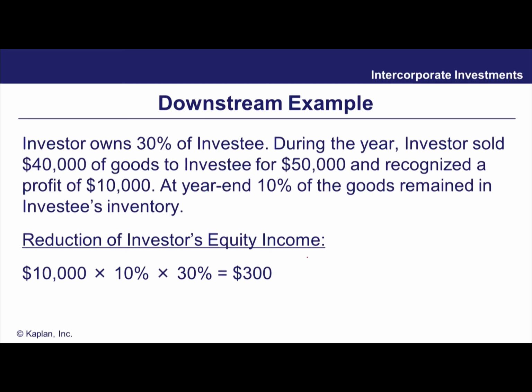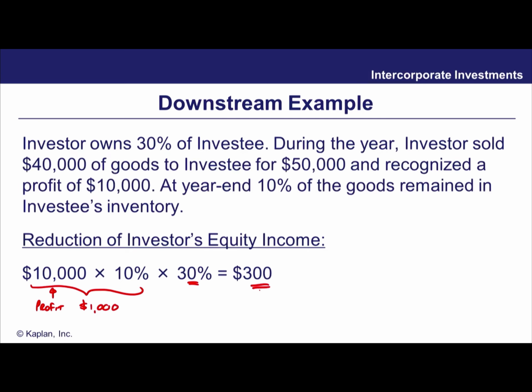So we take our profit. Our share of that profit is going to be 30%, but remember, we only need to eliminate the unconfirmed profit. So 10% of the goods remain in the investee's inventory, 90% have been sold, 10% haven't, so the unconfirmed profit in this case is going to be $1,000. $1,000 times 30% gives us $300.